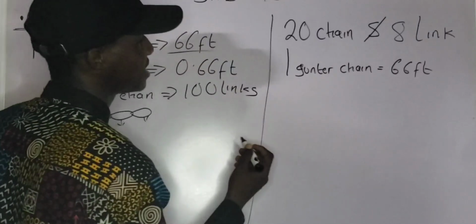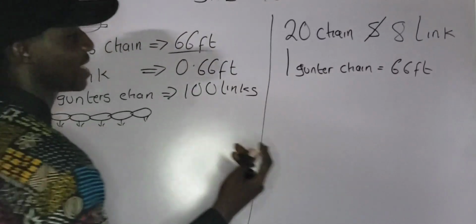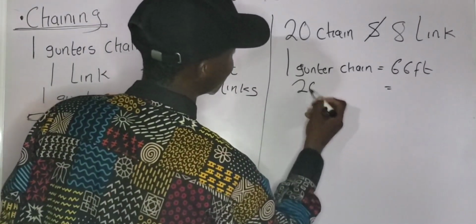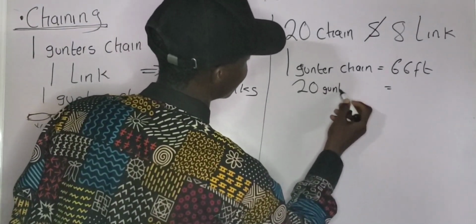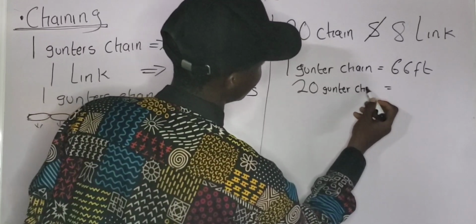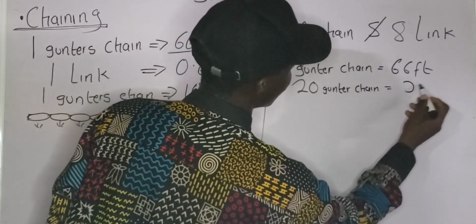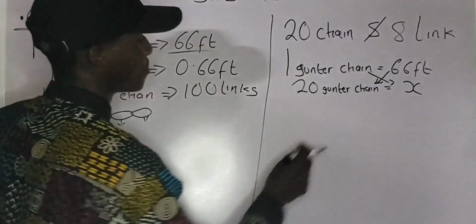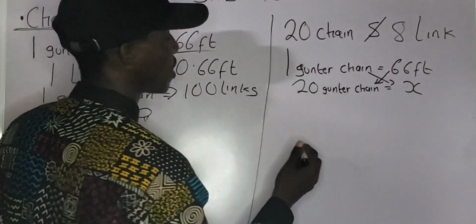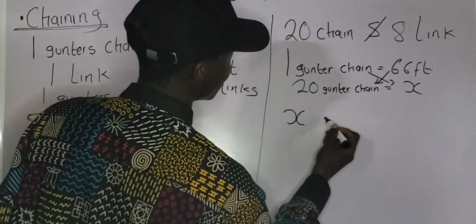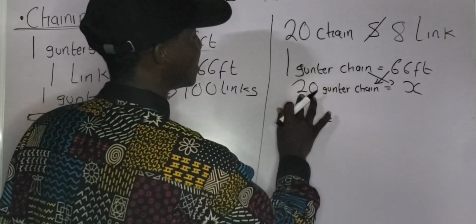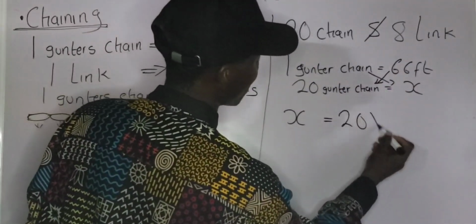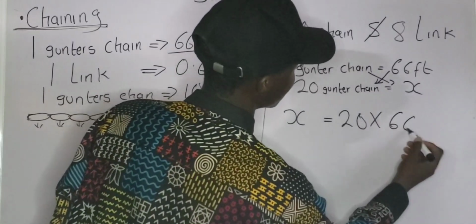So let us represent that as x. Let 20 Gunter's chain be equal to x. Now we are going to cross multiply like we did the other time. x multiplied by 1 gives x, and it is equal to 20 multiplied by 66 feet.